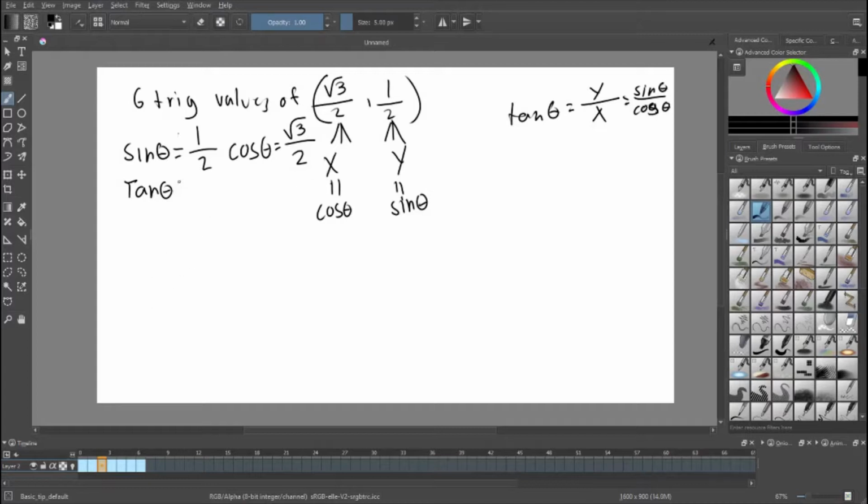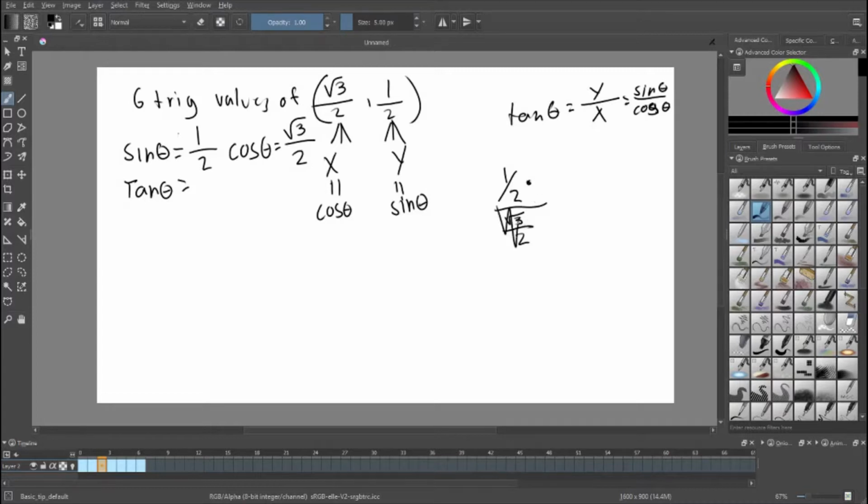So we can just solve for that by putting it over. When you divide by a fraction, it just means that you're multiplying by the reciprocal.